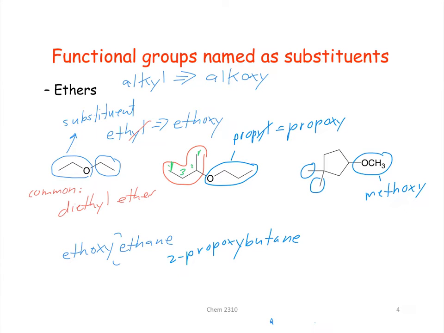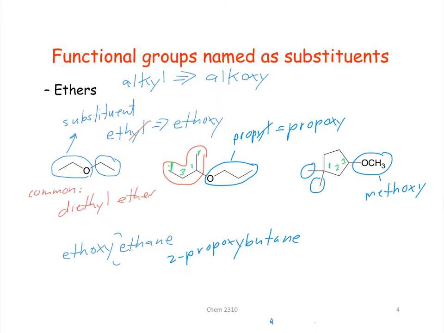Okay, so where are we going to start numbering this? Right, we're going to start numbering it where we're at one of the substituents as number 1, and we want to number it so the second substituent gets the lowest possible number. So we're going to number it here, 1, 2, 3. So the second substituent is also at position 1.